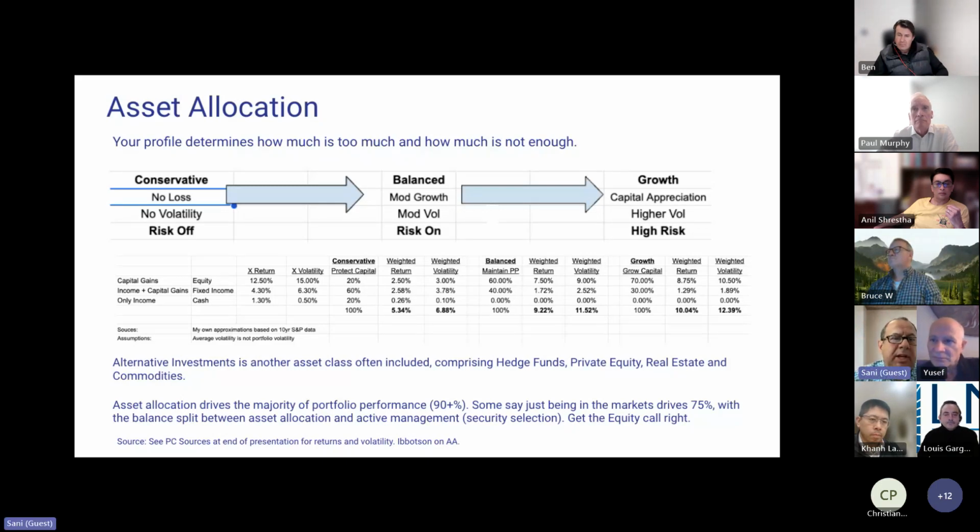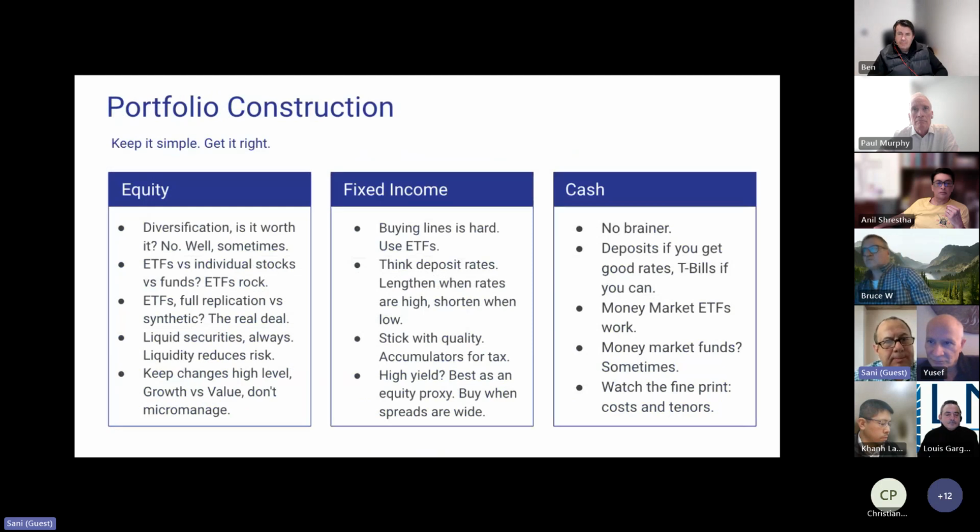So then we get to the meaty part, which is portfolio construction. Here you'll hear a lot from different specialists. From my experience, keeping it simple is the key, and that's how you really get efficient and satisfactory returns. We really just have three asset classes to work with, again, keeping alternatives aside for now. That's equity, fixed income, and cash.